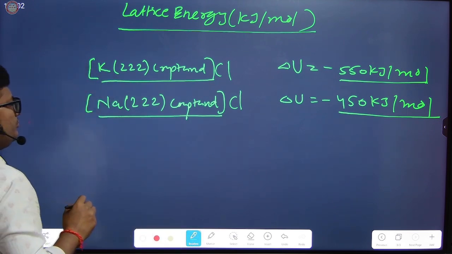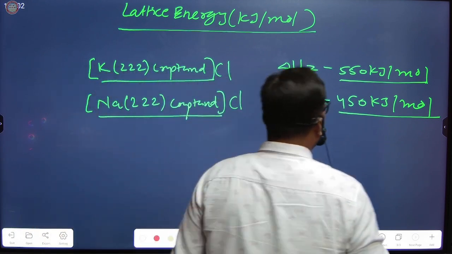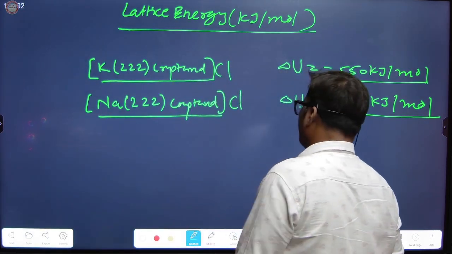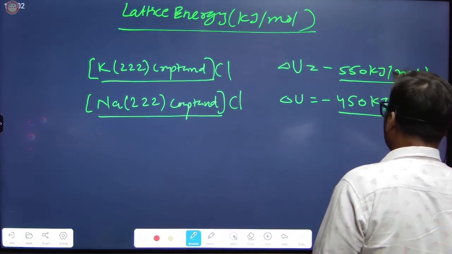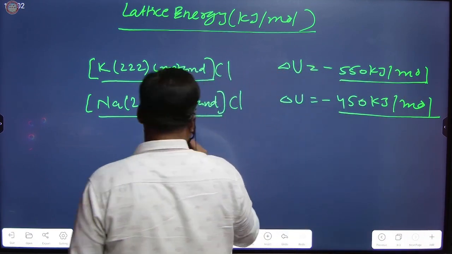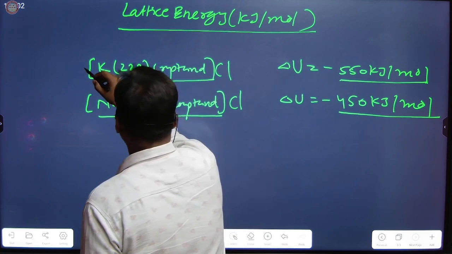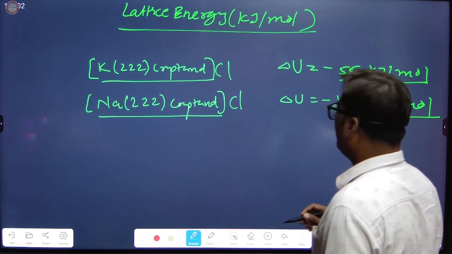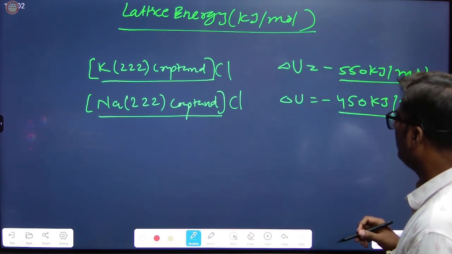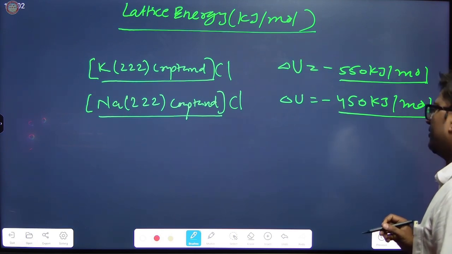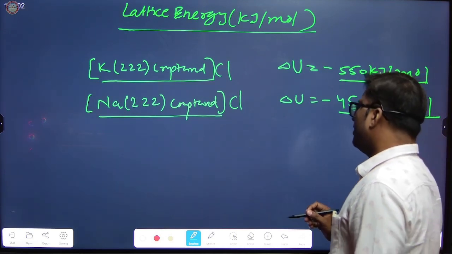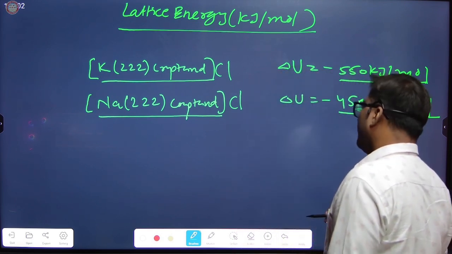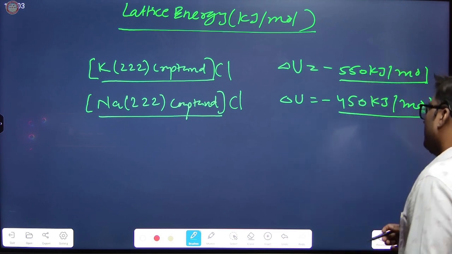Potassium plus is larger than sodium plus, so there should be a little lower lattice energy in comparison to this, in case of simple ionic salts. But in case of cryptands, there are a variety of structural segments present in the structure, so the normal trends are not found.